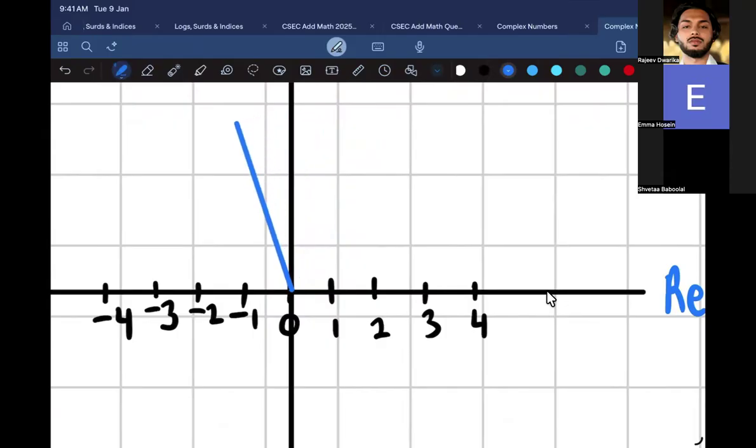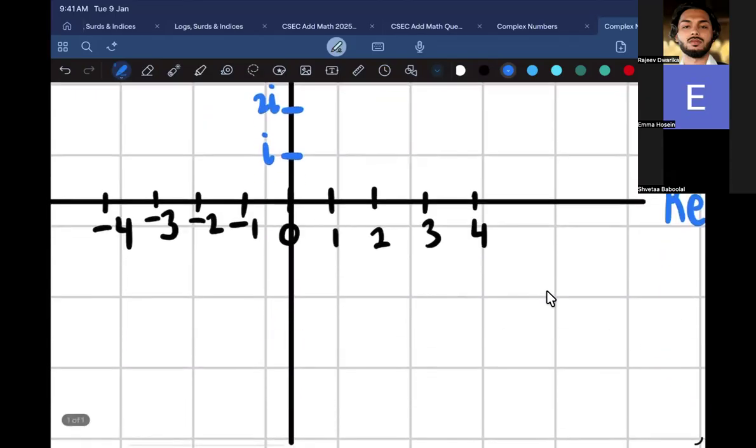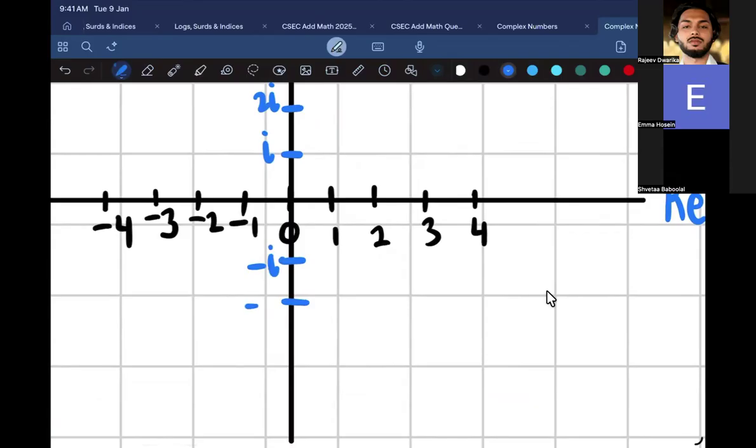You understand what I'm saying? And if I do that, this would be i, this would be 2i, this would be 3i, this would be 4i. This would be -i, this would be -2i, this would be -3i.